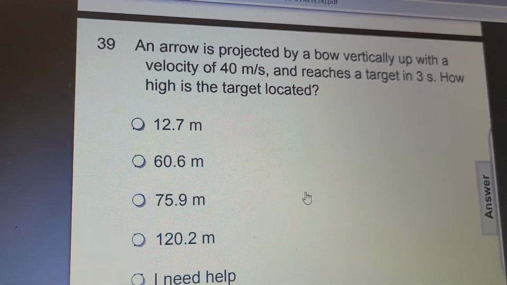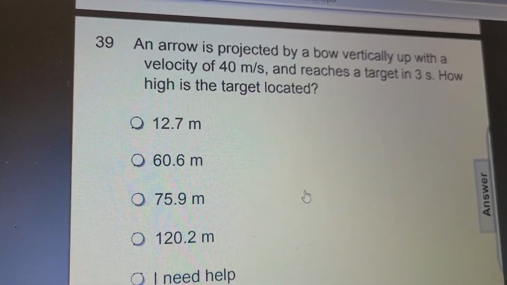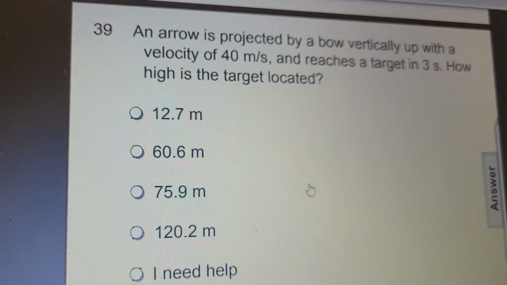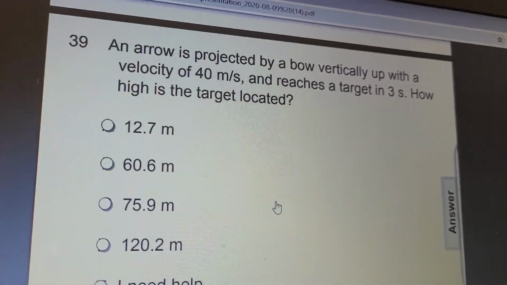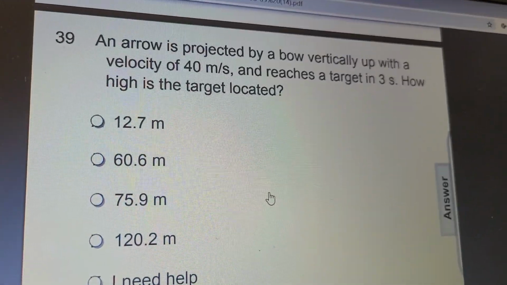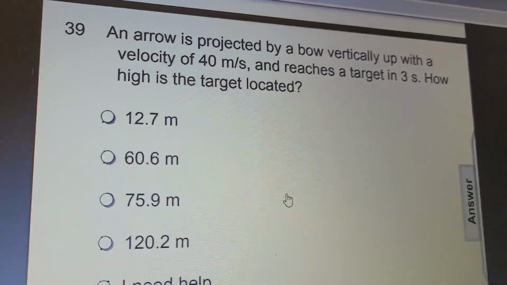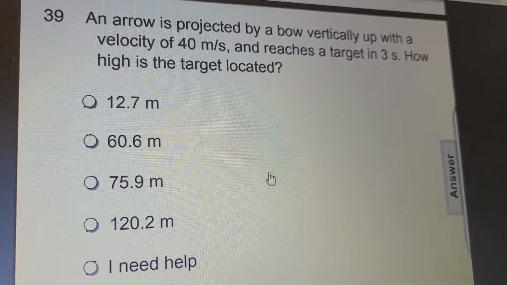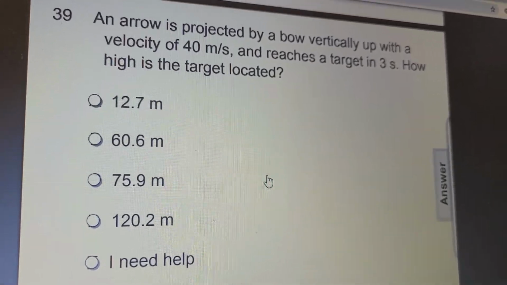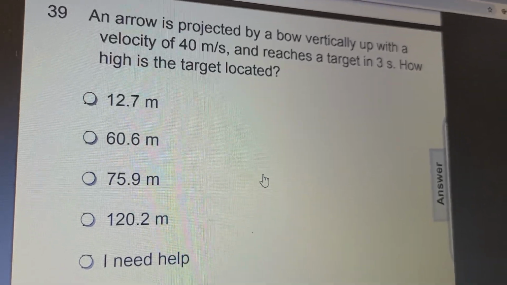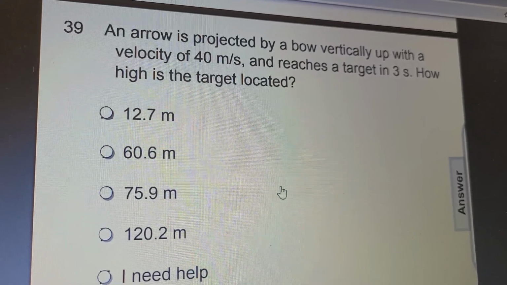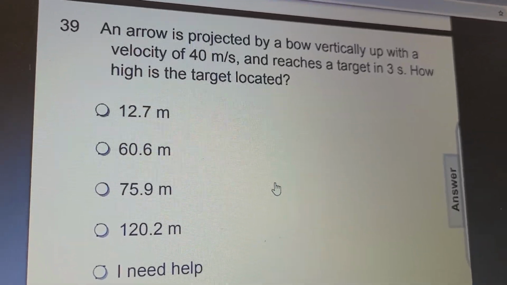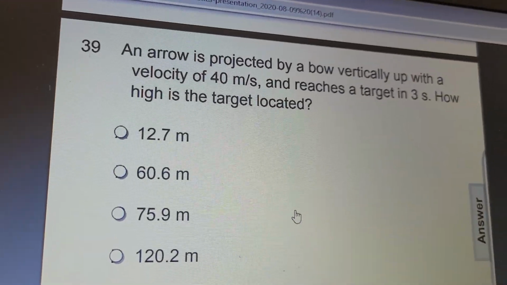Because it said it's projected vertically up with the velocity. It clearly states it's going up with the velocity of 40, which is like the beginning. Yes, the key word that you are all looking at is the word with. If you're working with somebody, are you going ahead of them or behind them? You're together, doing it at the same time, which means as it's shooting up, that is its starting velocity.